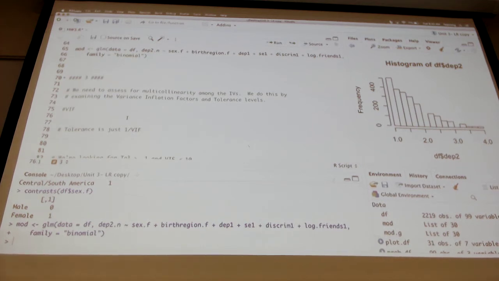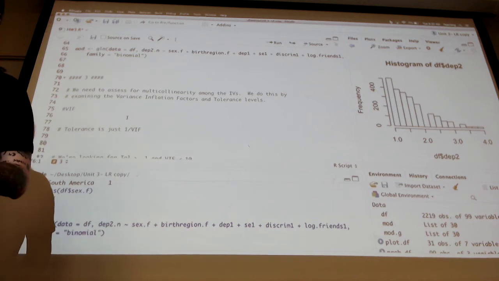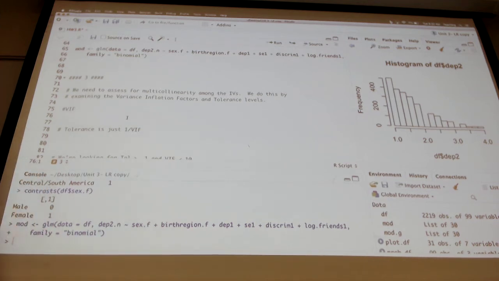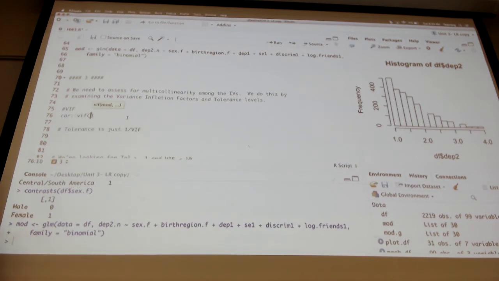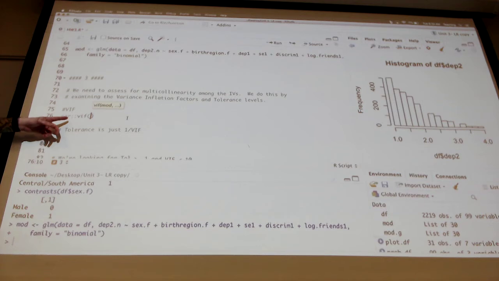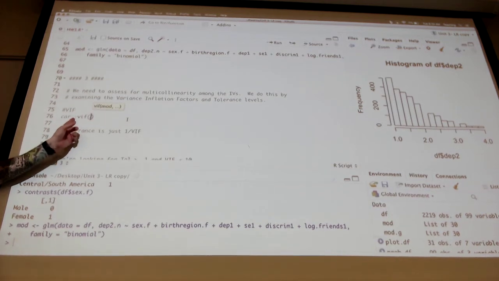So first thing is multicollinearity. To check for multicollinearity, we look at our VIF, our variance inflation factor, and our tolerance, which is mathematically 1 over VIF. To get our VIF, there's a function in the car package called VIF, and you don't have to enter the car.